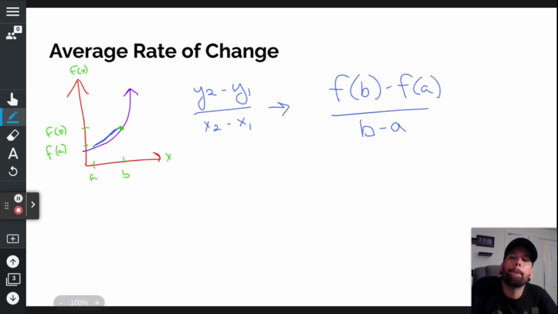Okay? Average rate of change. And again, the average rate of change gives me the slope, which gives me a rate from A to B if I'm dealing with a curved line.